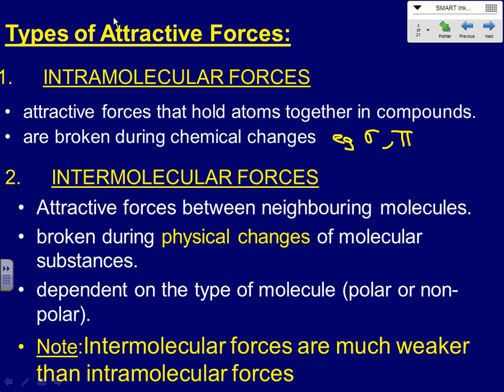If you think about it, when you heat up some ice, when you get to 0 degrees Celsius, it simply melts. That means that the intermolecular forces are breaking. If the intramolecular forces were weaker, before it melted, it would have actually undergone a chemical change. You would have actually broken the bonds if the intra were weaker than the inter, because as you heated it up, you would have broken apart the oxygen and the hydrogen, but you don't.